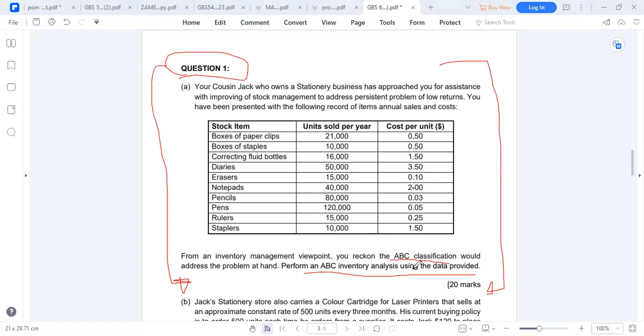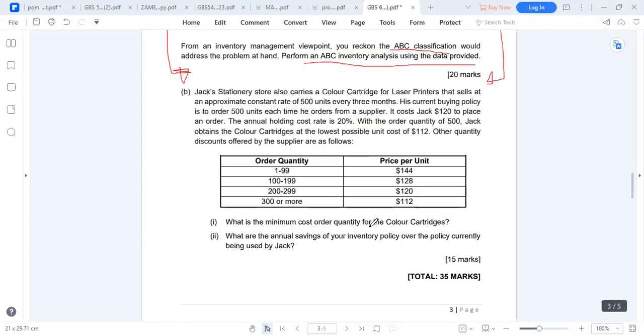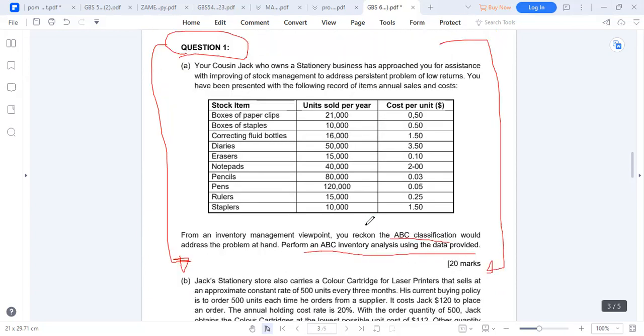The thing that we need to take note of is the fact that we need, first of all, to multiply the units sold per year by the cost per unit.